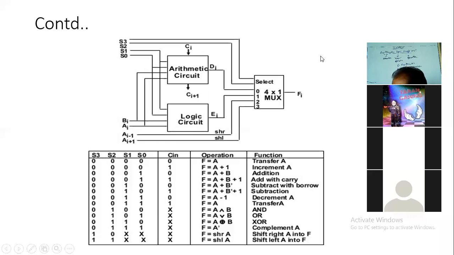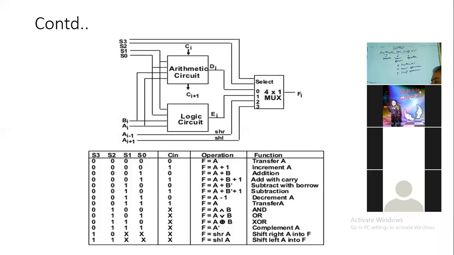Tamanna, this table and diagram you will have to draw. If you are asked to discuss the arithmetic logic shift unit with diagram and table, you have to give the introduction about the arithmetic logic shift unit. What is its purpose?